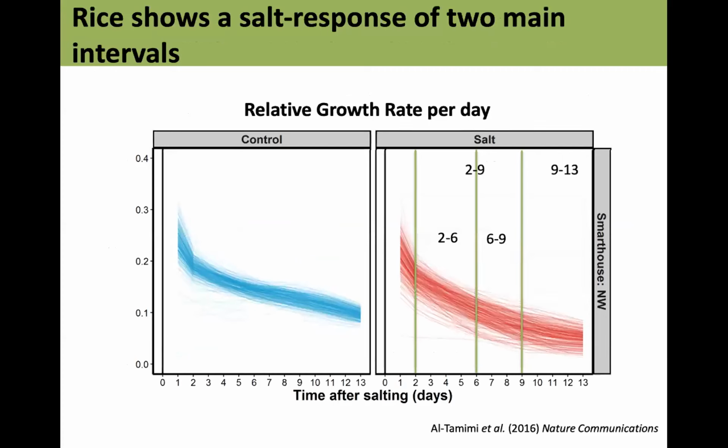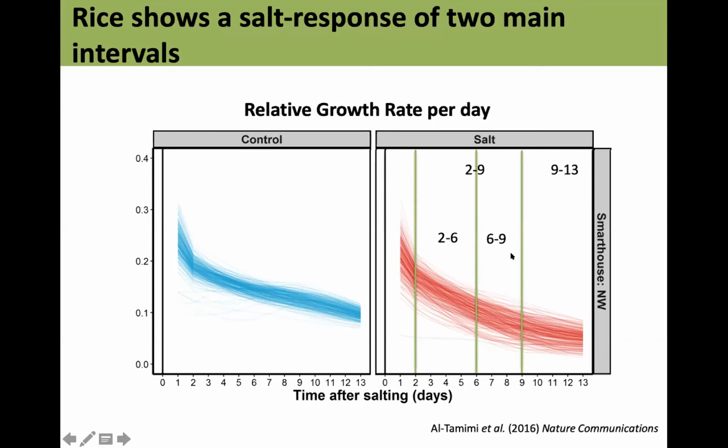And then we saw that looking at the spline data of the relative growth rate, rice shows a salt response in 2 main intervals. So the first one is in interval 2 to 9 days after salting. So we can see a rapid decrease in the relative growth rate between these 2 time intervals. And then the decrease kind of plateaus in the interval 9 to 13.